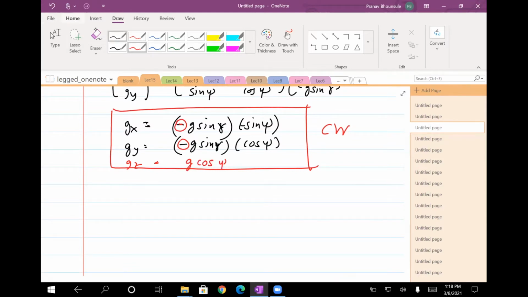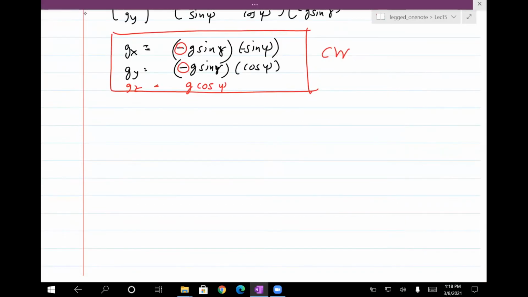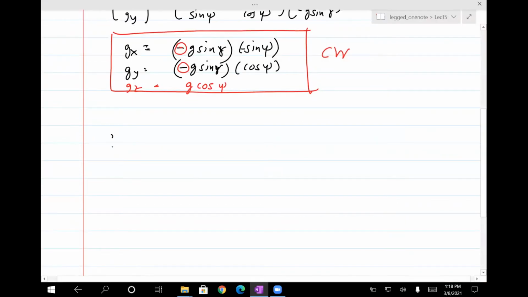So what we can do is we can generalize this and write the sign like this. So we can say Gx is minus direction G sine gamma minus sine psi.